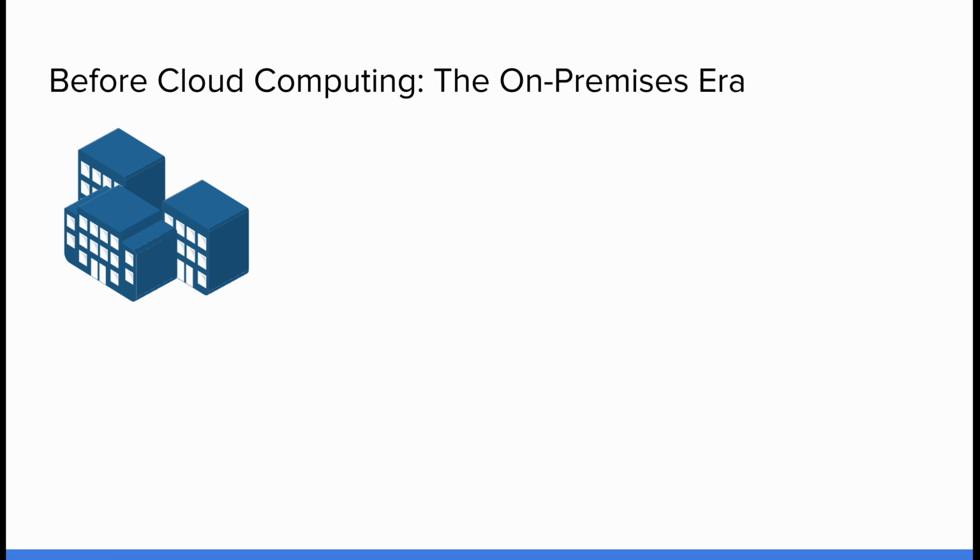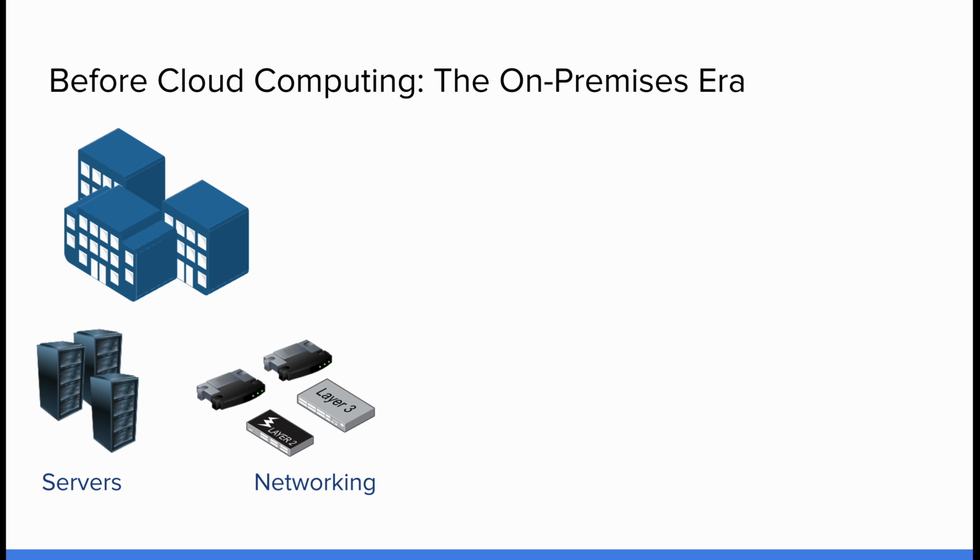Before the emergence of cloud computing, basically from the 1960s to at least the early 2000s, the standard approach for businesses was to maintain on-premises IT infrastructure. This included servers, networking equipment, and storage. These essential IT components were physically located within the company's own facilities.